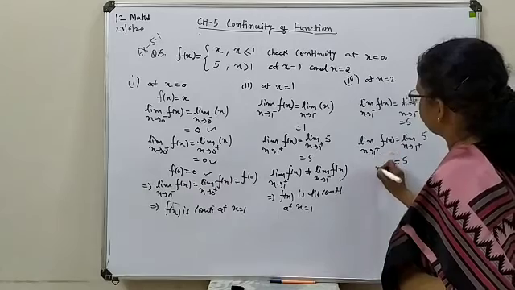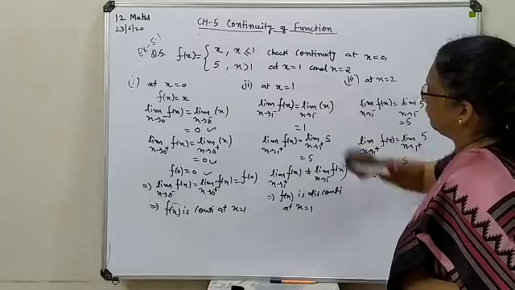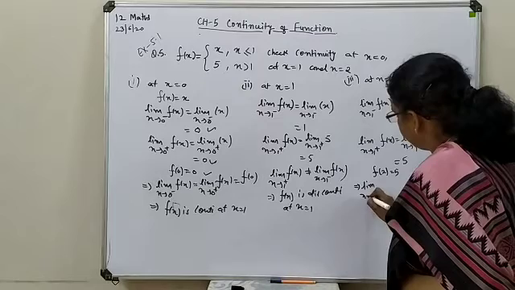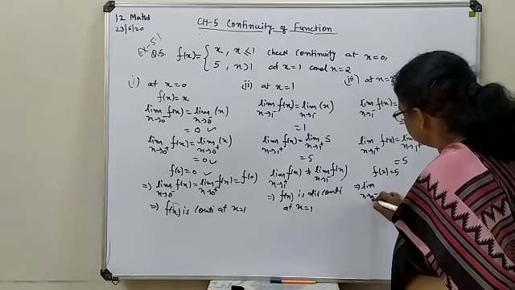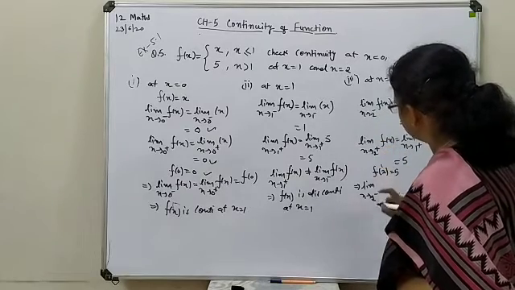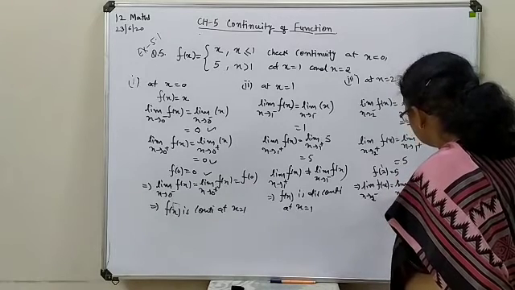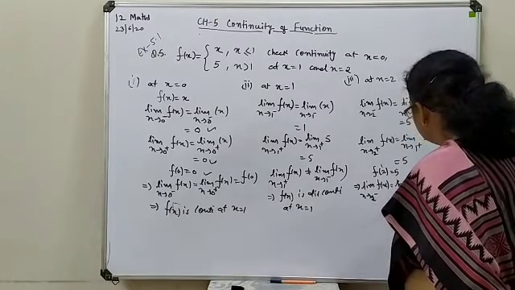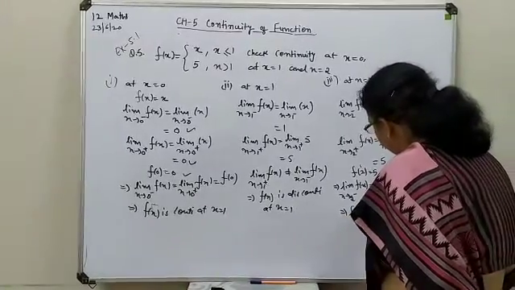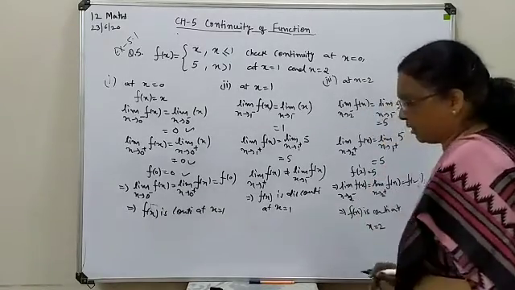So here you can see your function value is also 5 at this point, because directly we can write it for the limit. So these three are coming the same. That means f(x) is continuous at x is equal to 2.